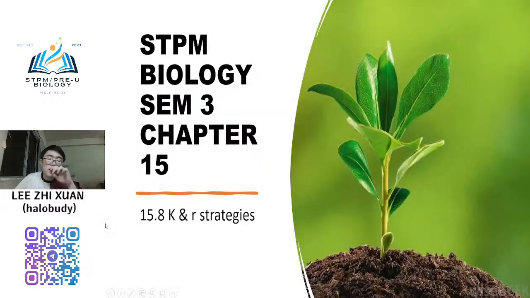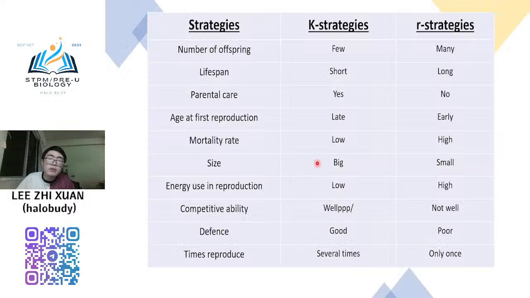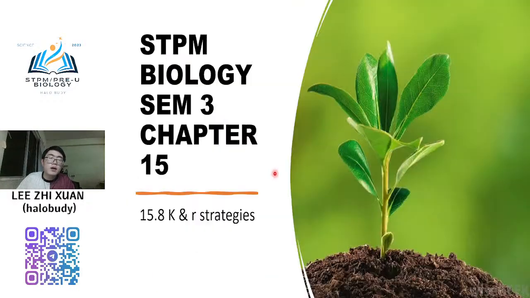Okay, so this one, K and r strategies, is about some like the survivorship, but this one is more focused on the characteristics. The organisms normally can be classified into these two lah.